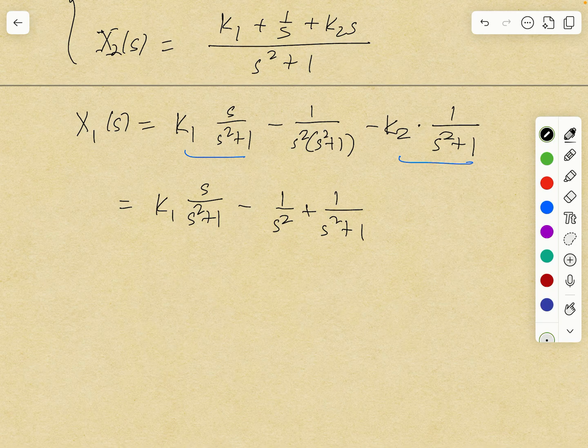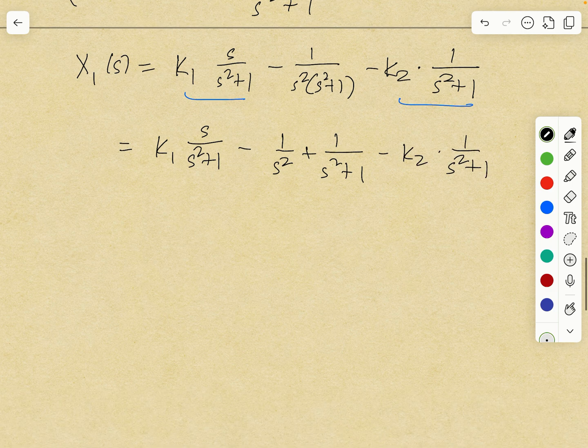Because you're going to get S squared plus 1, and then an S squared. So those are going to cancel, and then you're going to get a 1 on the top. So this is correct, and then minus K2 times 1 over S squared plus 1.